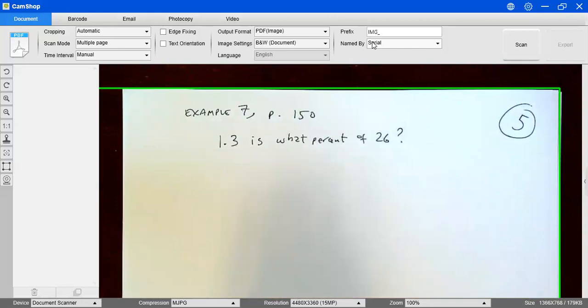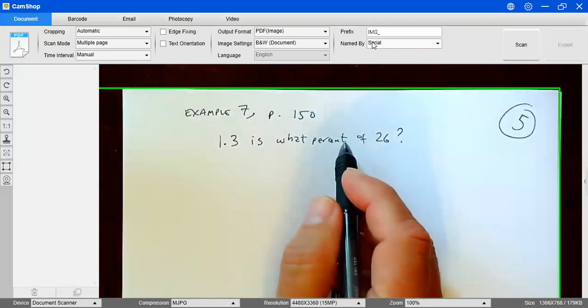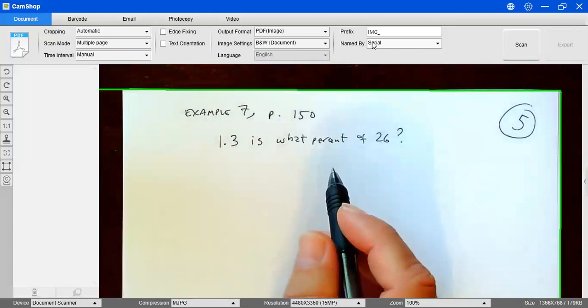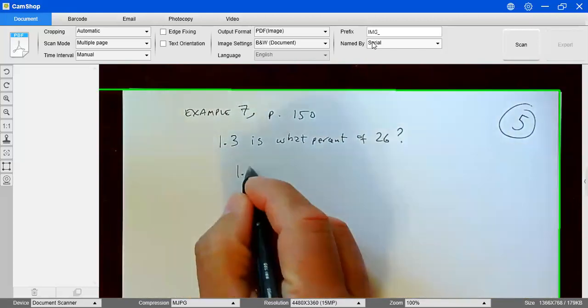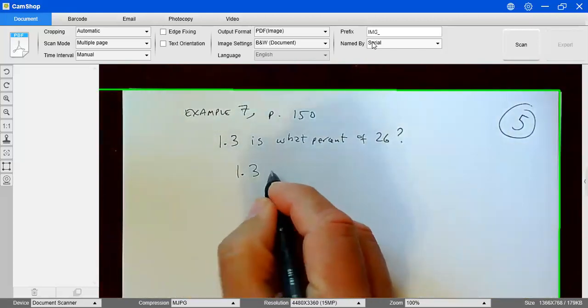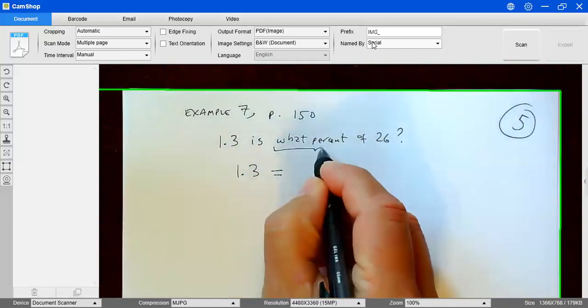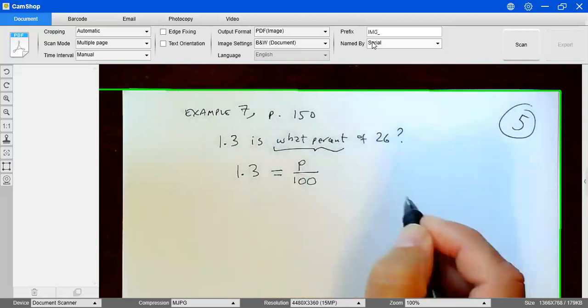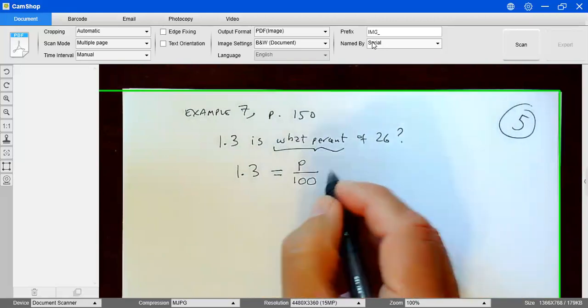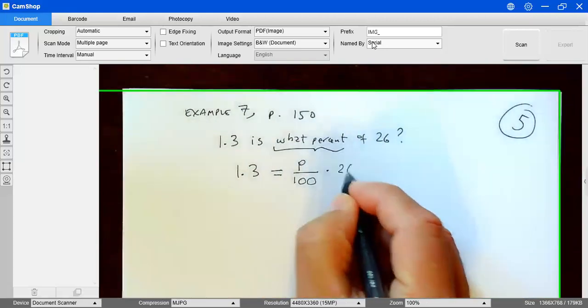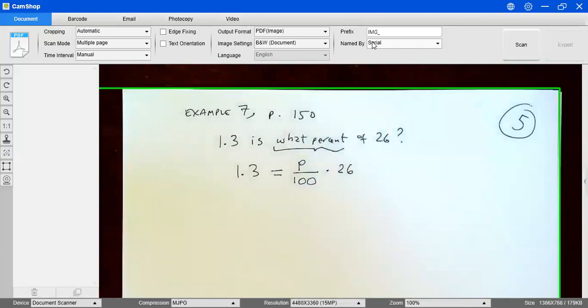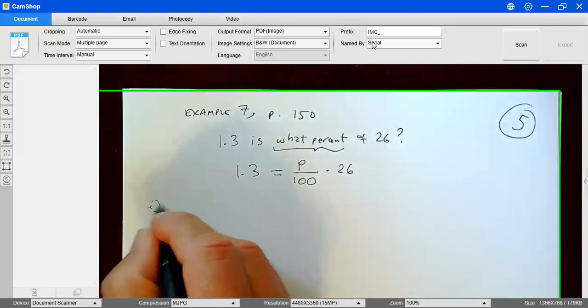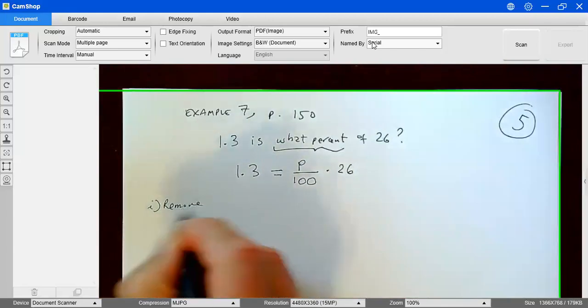So let's translate this question into an algebraic equation. So 1.3 is then what percent? Now we're going to write P over 100, that's the percent, of 26. So we have now this equation. We're going to remove the denominators first.